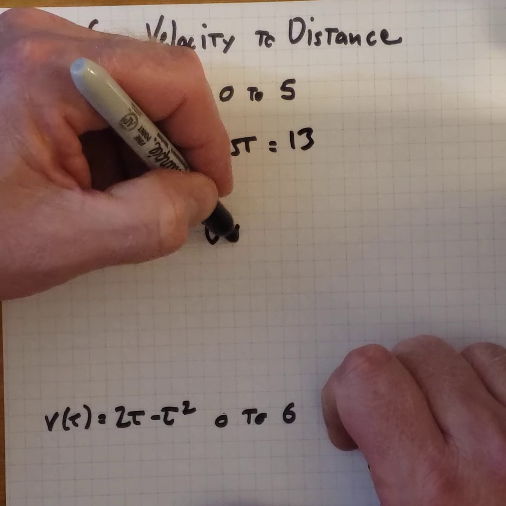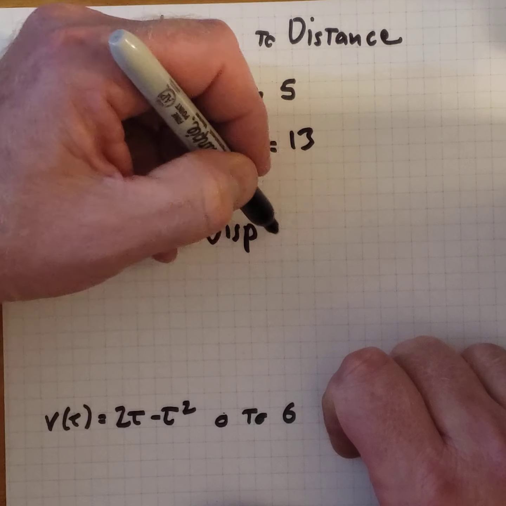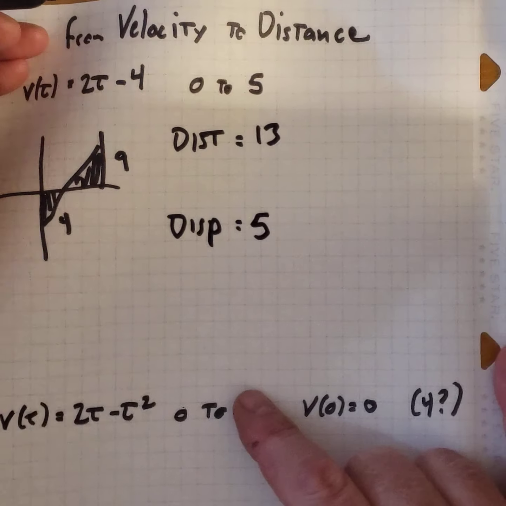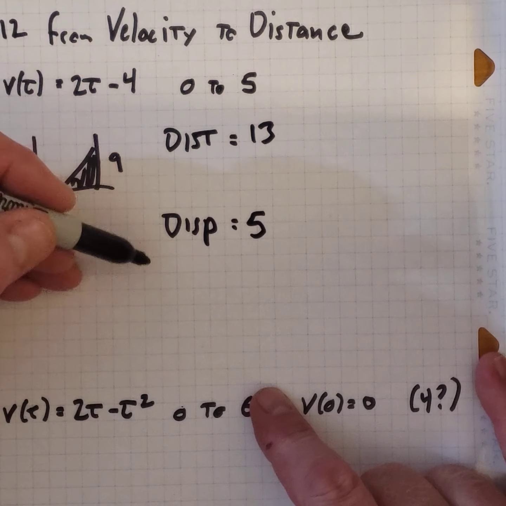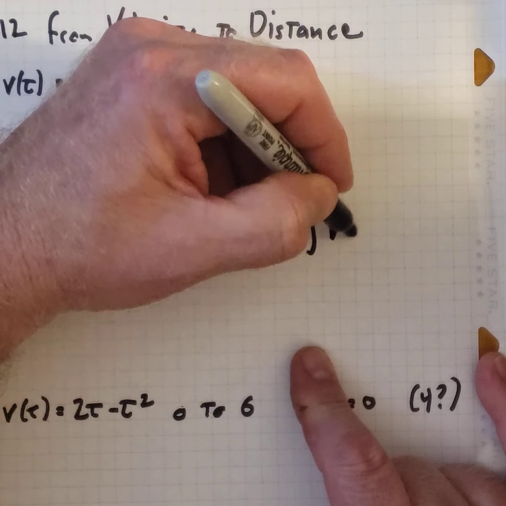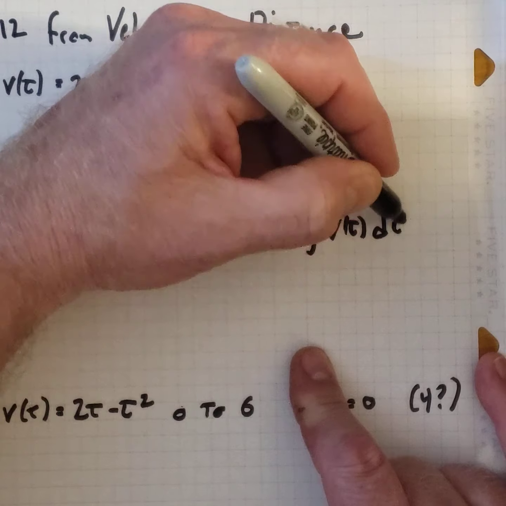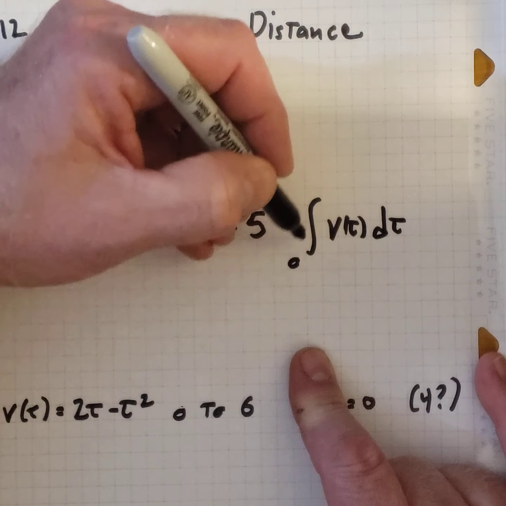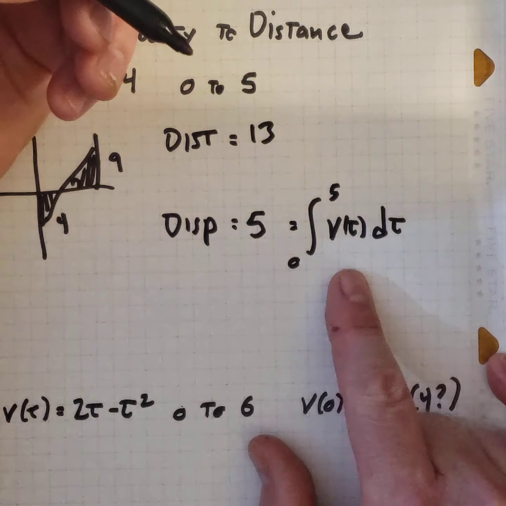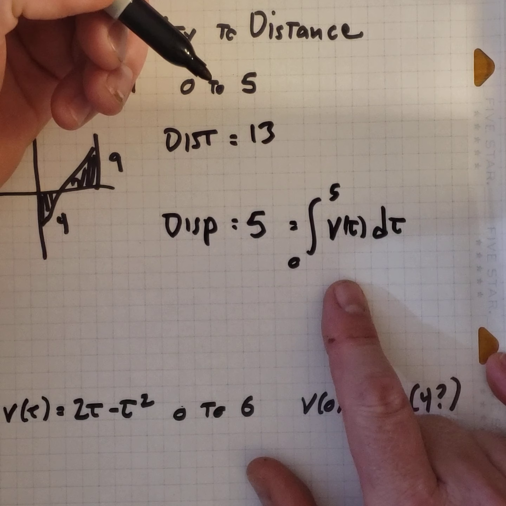The displacement, how far we ended up from where we started, is 5. And how that works calculus-wise is the easy thing to calculate. If we just did the integral of our velocity with respect to t from 0 to 5, that gives us our displacement. That will give us how far we ended up from where we started.